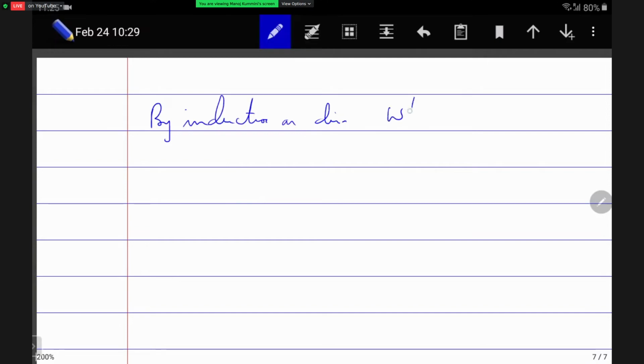W perp has an orthogonal basis. Let us call it V2 through Vn.